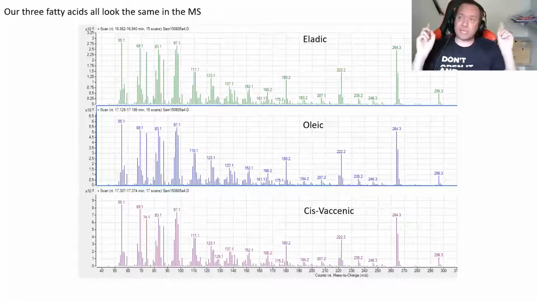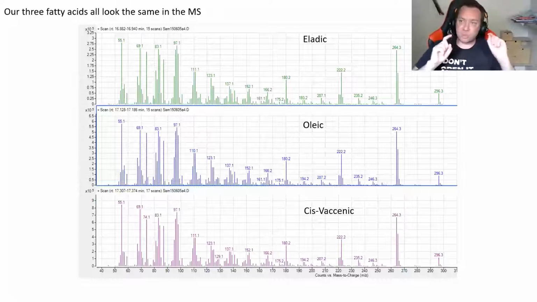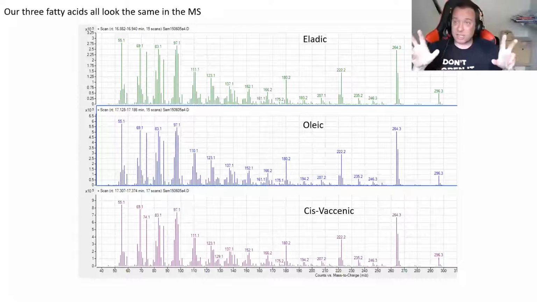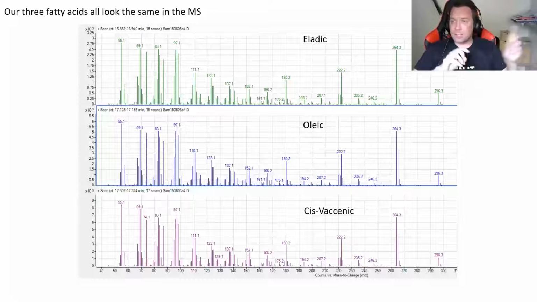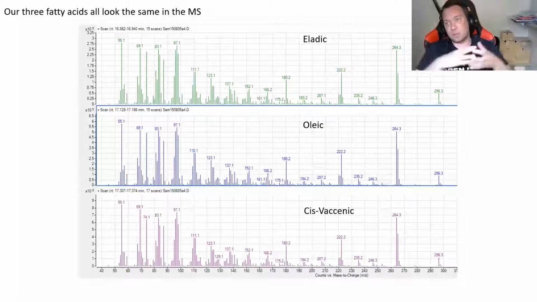And an important point is here, our 3 fatty acids we looked at earlier, elaidic, oleic, and cis-vaccenic, their mass spectra are all the same. So because they just have 1 double bond, when the ionization process happens, the fragmentation occurs in the same way. And this is because in the high energy state, the double bond becomes unstable, the conformations can flip back and forth.